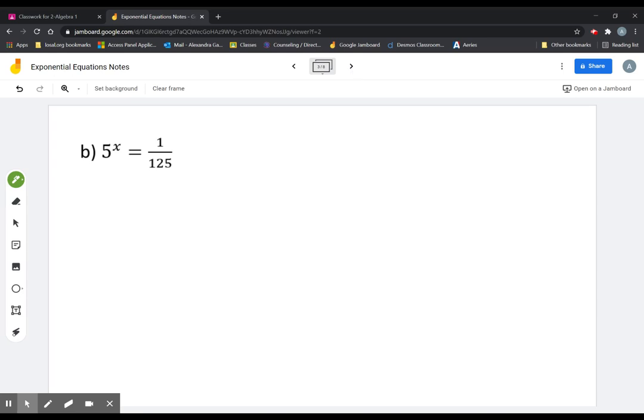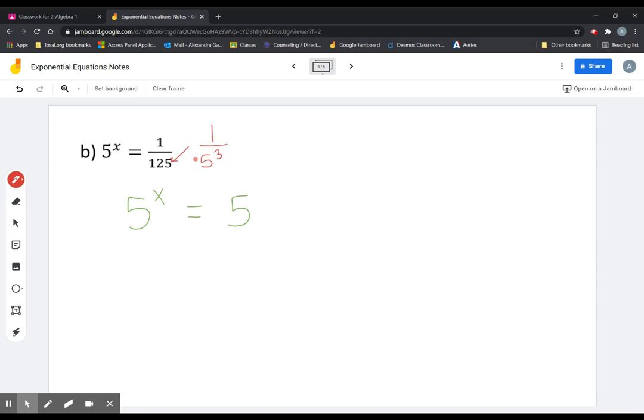In this example, we have 5 to the x is equal to 1 over 125. So 5 is already something I can't really change as a base. But can I write 125 as 5 to a power? I can, because 125 is actually 5 cubed.